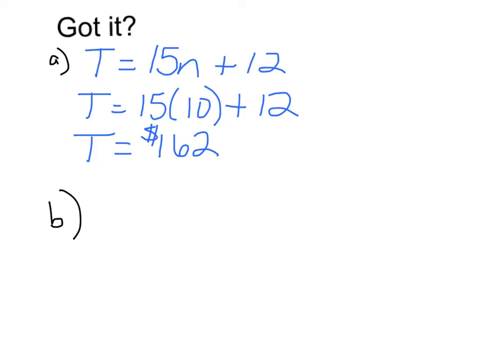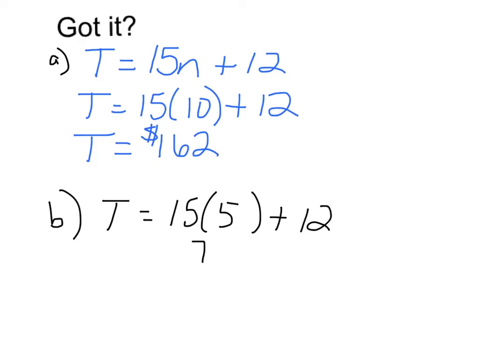Part B then says, does a 5-day stay cost half as much as a 10-day stay? Explain. Well, let's plug it in. 15 times 5 gives us 75 plus the $12. That gives us $87.